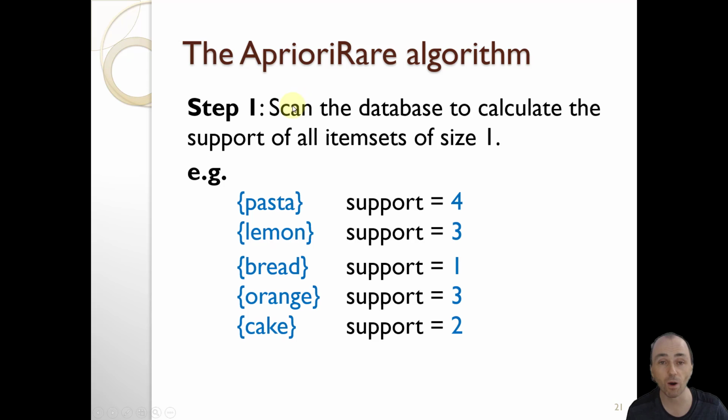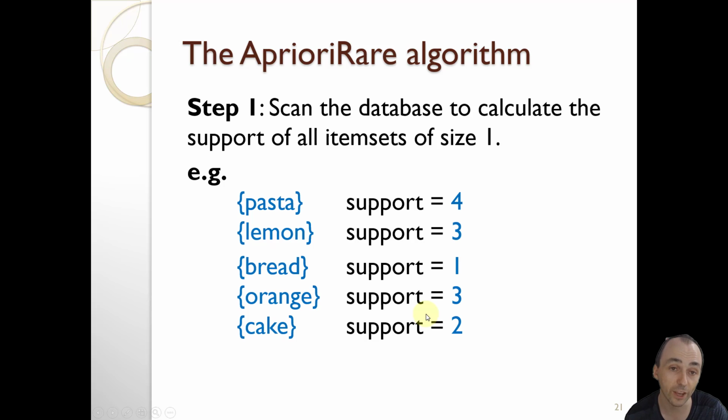So the step 1 of this algorithm will be to read the database to calculate the support of all the item sets of size 1. So if we read the database 1 time, we find pasta has support of 4, lemon 3, bread 1, orange 3, cake 2, and so on.